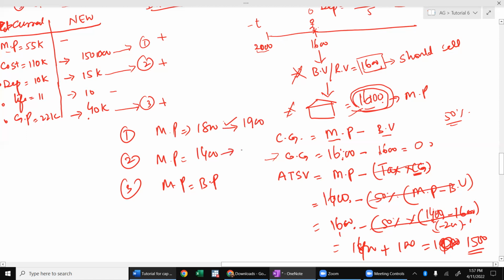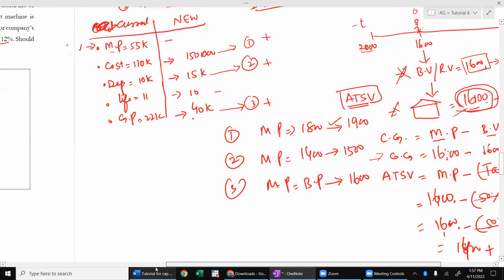In the second situation, the answer was equal to 1500. And in the last situation, the answer should be equal to 1600. Okay. So all of these answers that I calculated are called after tax salvage value. You have to keep that in mind. Now I will also tell you some other situations, but for now you need to understand this situation.